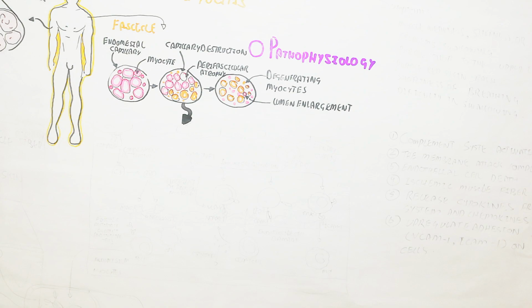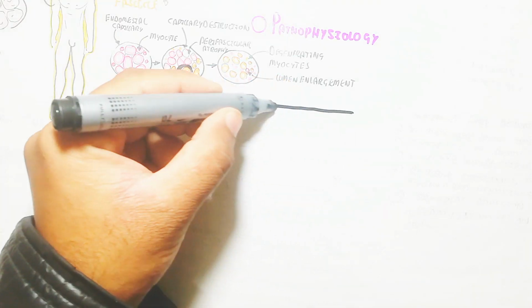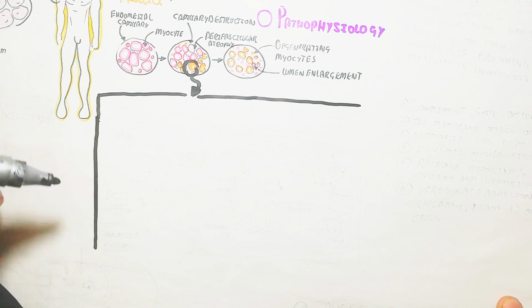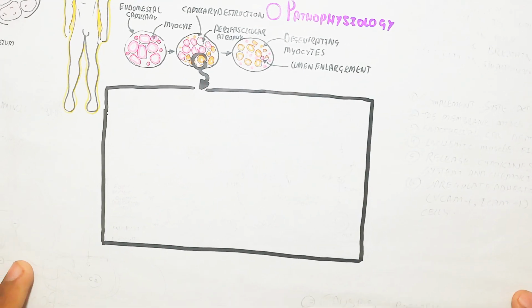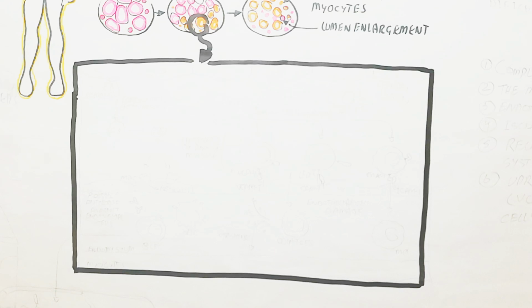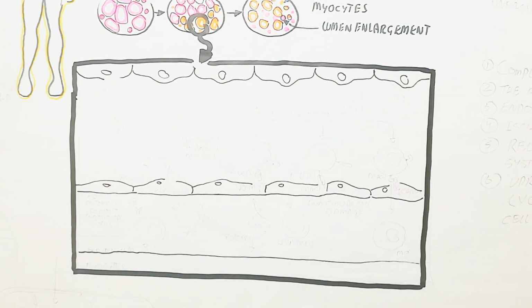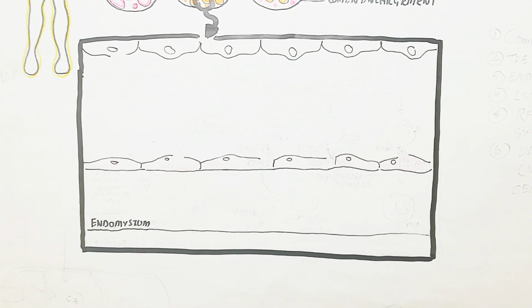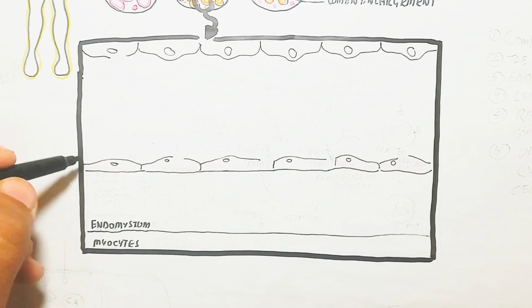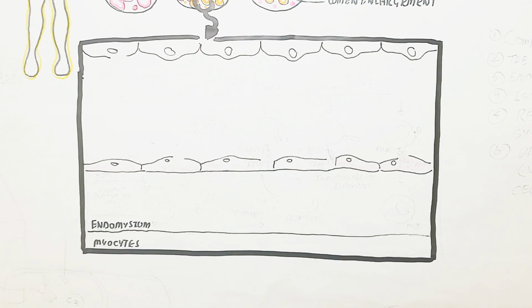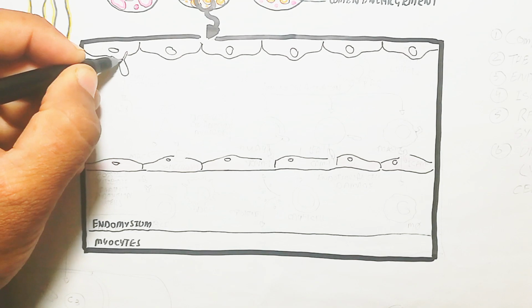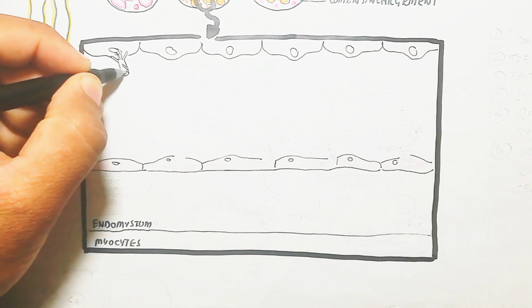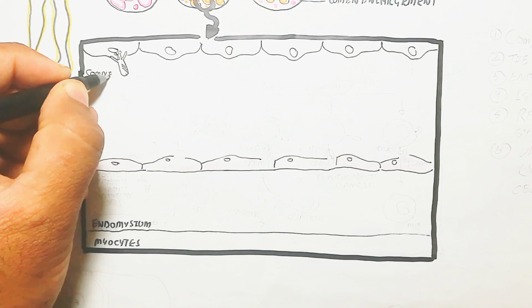Let's understand from here. We will understand the blood vessel, capillary, and the endomysium, the myocyte. This is the endothelial cell, which will be damaged because the C1 complex will opsonize, and in this way the C1 complex will start the complement activation cascade to C3 protein activation.